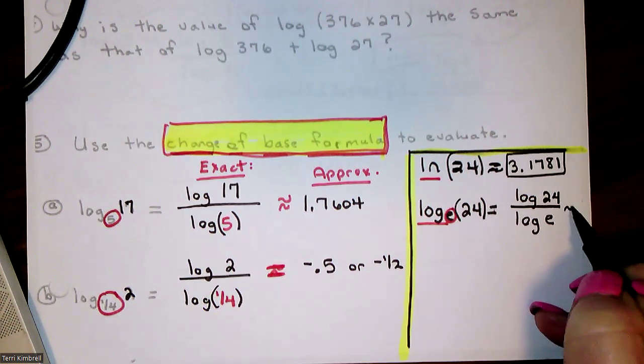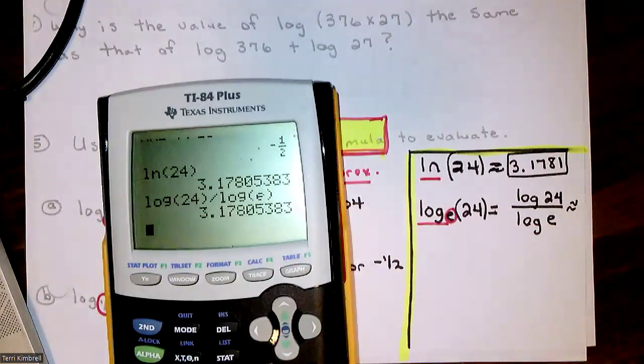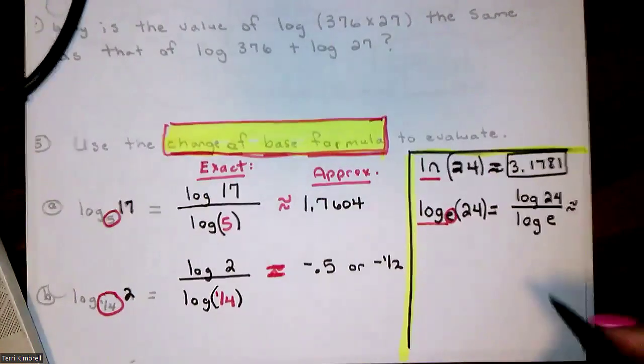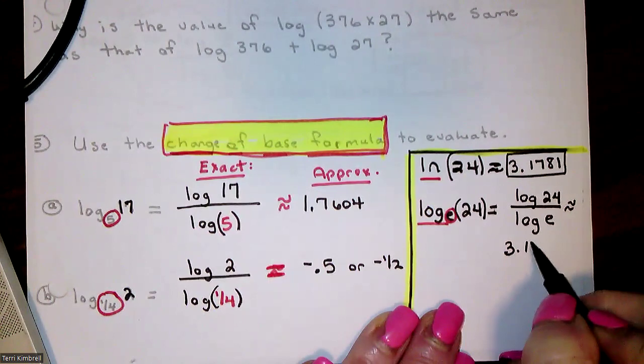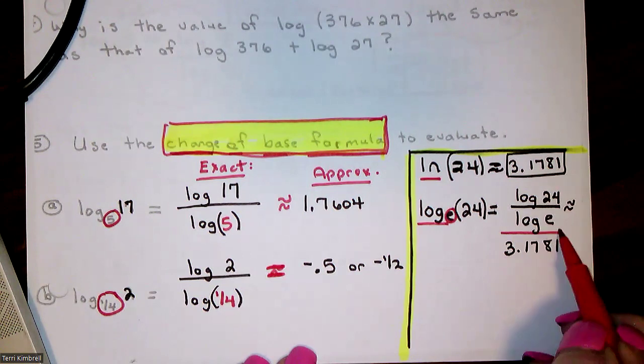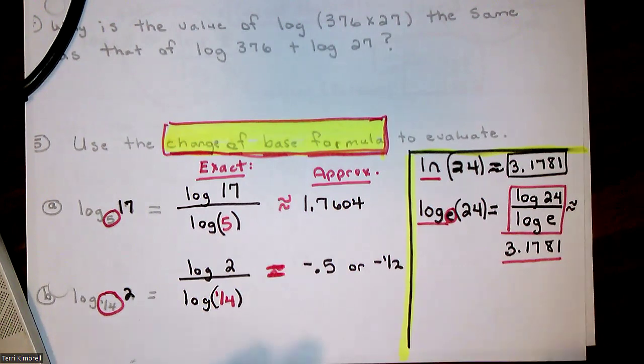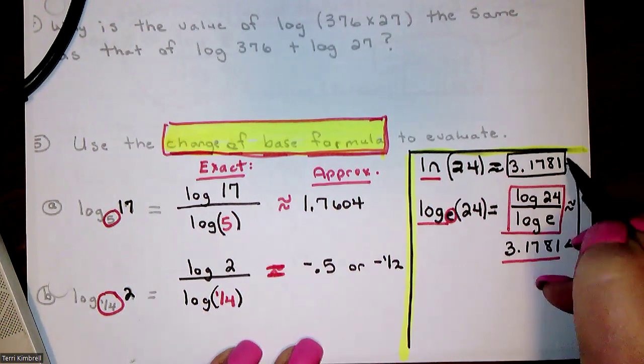Okay, so we're going to type that in and see if we get the same decimal. So we're going to type in log 24 divided by log e. Remember, if you just want it to the first, do second plus. So we get that same number, 3.1781. So this would be your exact, and then we double check to get the approximate to make sure it would be the same. Right there.